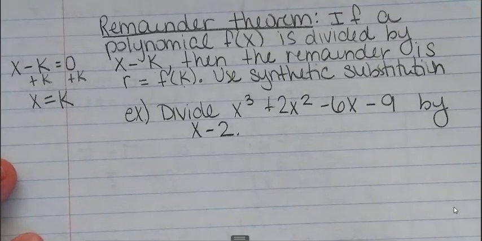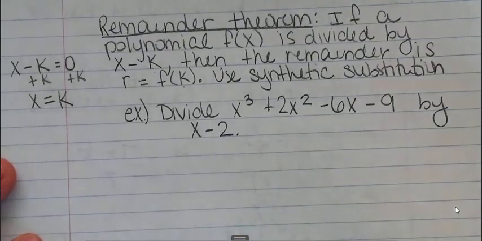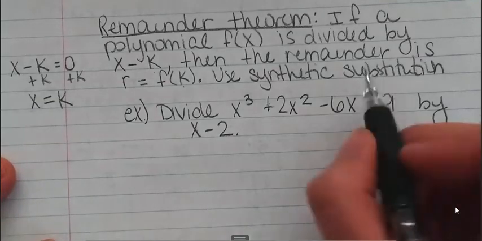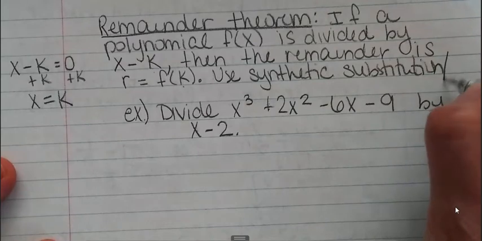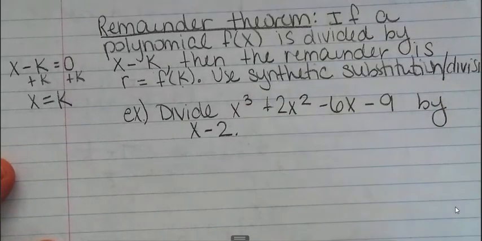Okay, so notice how I'm dividing by a binomial. If you want to do long division, well, sometimes you can choose, but other times it doesn't make any sense to use long division. It makes a lot of sense to use synthetic division, okay? All right. Oh, and I put synthetic substitution here, which is the same thing as division. Sorry.